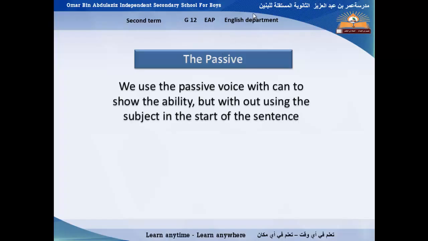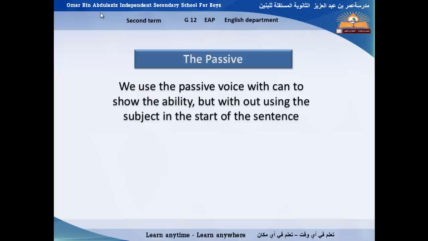We can use the passive voice with the word can to show the ability, because the word can generally expresses the ability. When you use the word can in an active or passive sentence, this means you want to express the ability. But when you use it for the passive sentence, you will not start your sentence with the subject, and this is the real difference between passive and active.